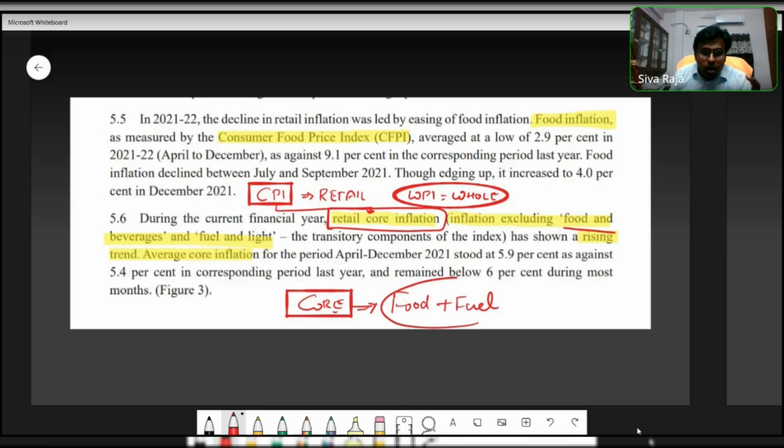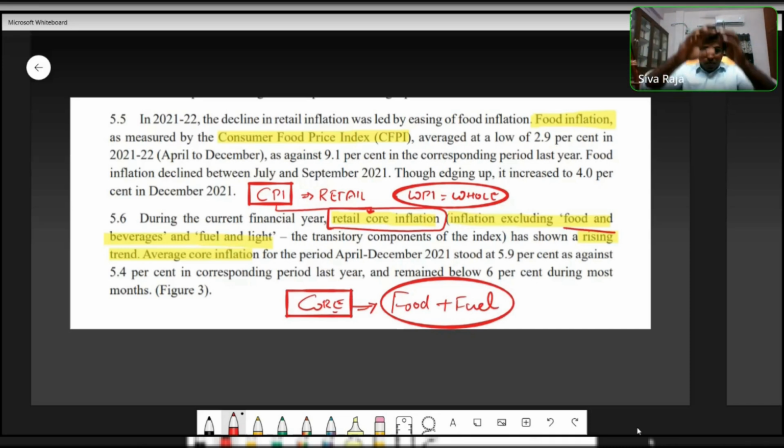Food and fuel are transitory, that is, they can vary in a very fast fashion. Tomorrow if food does not come, the inflation will increase like anything. So they want a core inflation which is not wavering because of food and fuel.